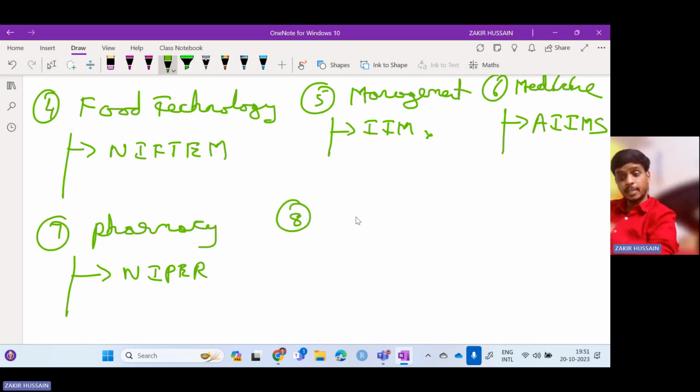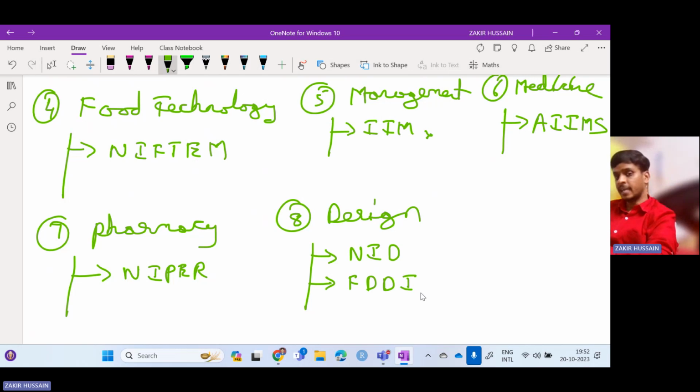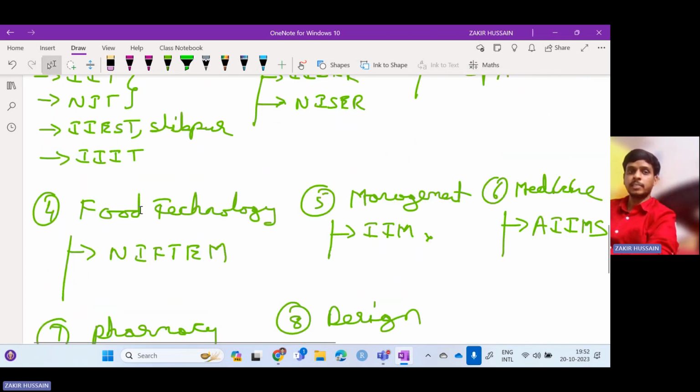And the eighth and last category is design, with various institutes across the country, like the National Institute of Design, NID, and the Footwear Design and Development Institute, FDDI. So all these are the categories of institutes under the Institutes of National Importance.